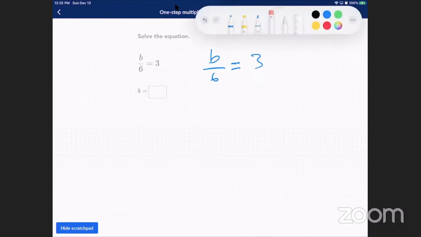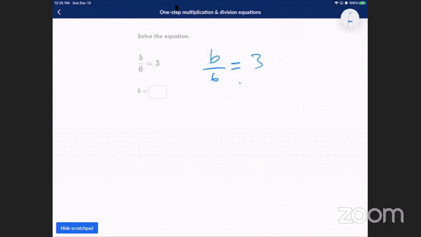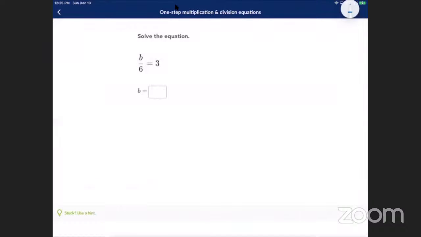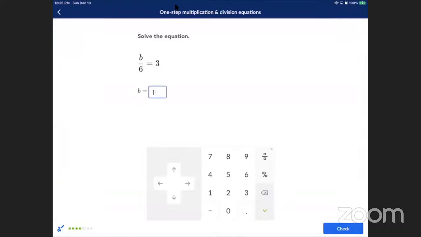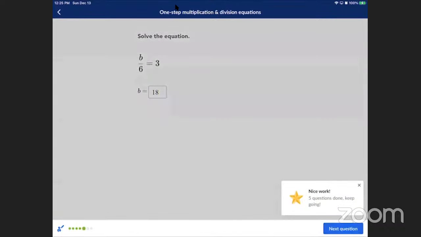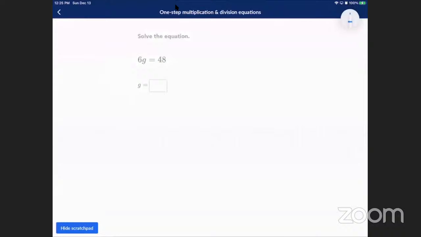That would basically be the same thing as canceling this out, so you're getting g by itself. This actually would be dividing it. So now you have 48 divided by 6.